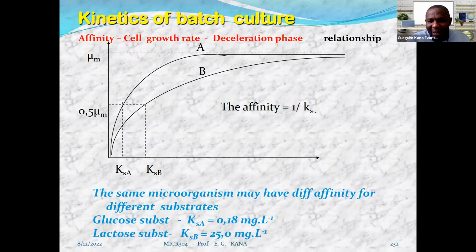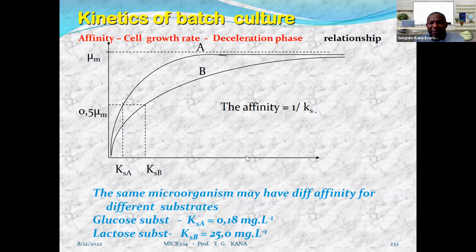Now, let's summarize our observation, or perhaps let me explain for the second time so that you will grab it perfectly. Look at my mouse pointer on the substrate axis. If I project on B at this level, you realize that mu is decreasing already when you are having this kind of substrate concentration.